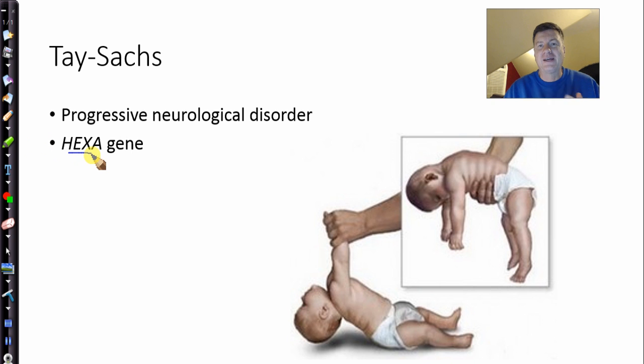Particularly, there's an enzyme that controls the way we break down products in our lysosomes, and we'll discuss that more with cells. But if that is not functional, then there is progressive nerve cell damage, and eventually we end up with damage that we associate with Tay-Sachs disease, and these babies rarely live past 4 years.